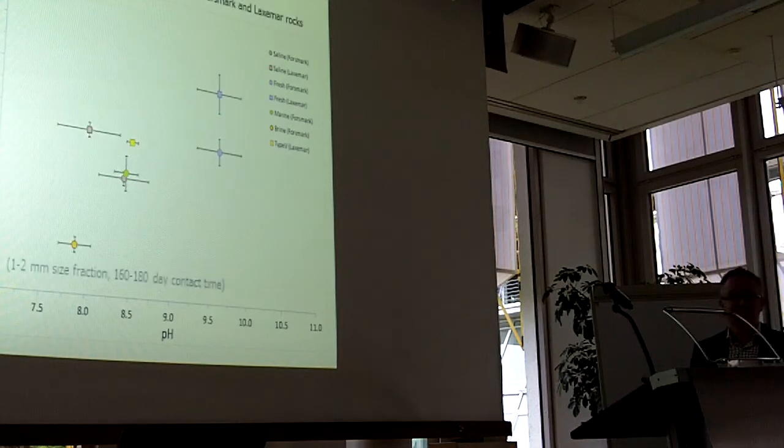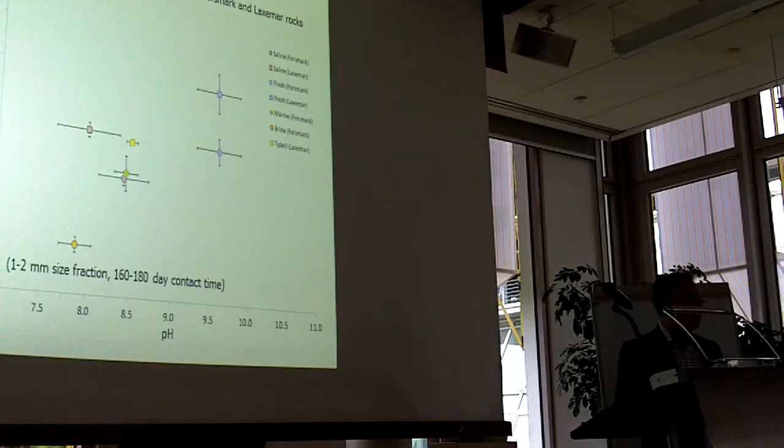But then nickel has a very, very different chemistry. It is sensitive to pH because it forms surface complexes. But then also we know that nickel is also affected by ionic strength. It does cation exchange.